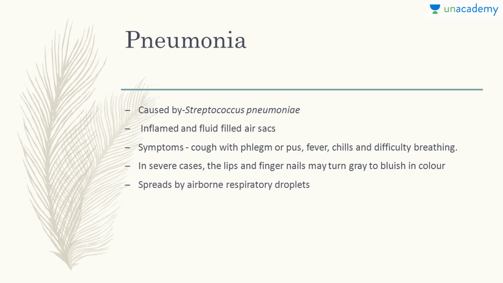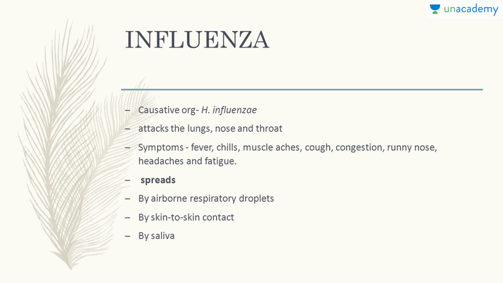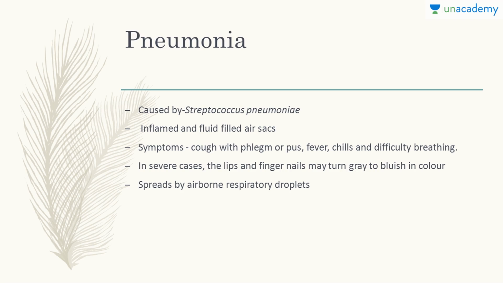In severe cases, the lips and fingernails may turn gray to bluish in color. Just remember that. It spreads by airborne respiratory droplets. So pneumonia is a droplet infection, and influenza is also a droplet infection. But tuberculosis, TB, is an airborne infection.